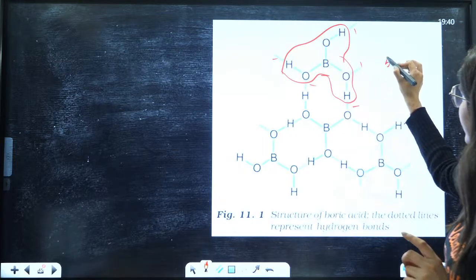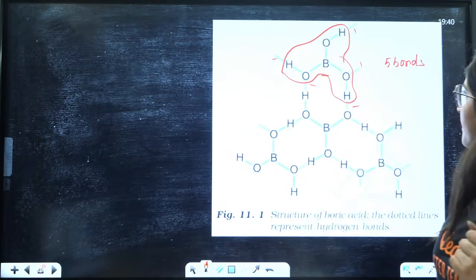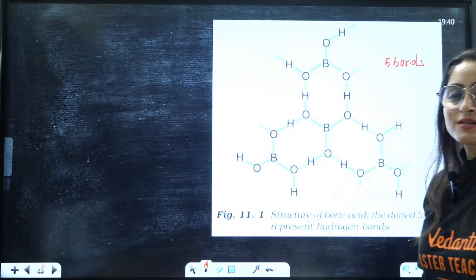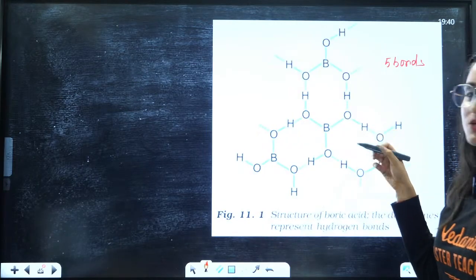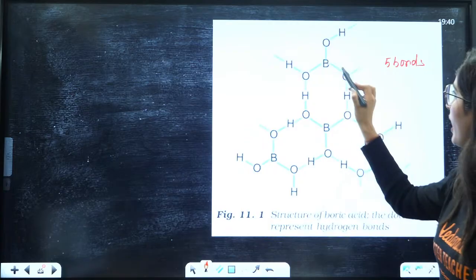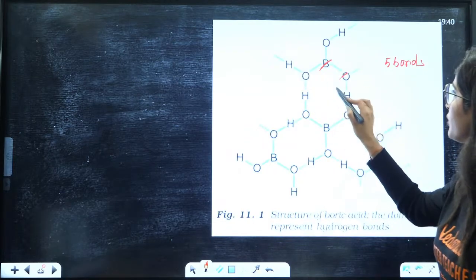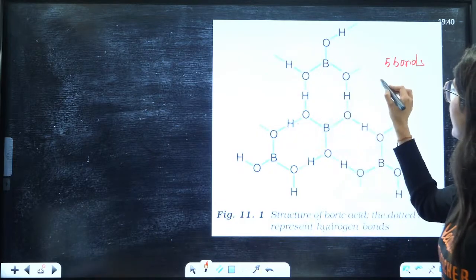One molecule is linked to 5 hydrogen bonds. And how many membered is the ring? Let me count: 1, 2, 3, 4, 5, 6, 7, 8. It is an 8 membered ring.